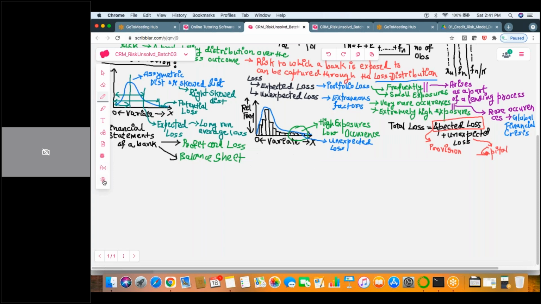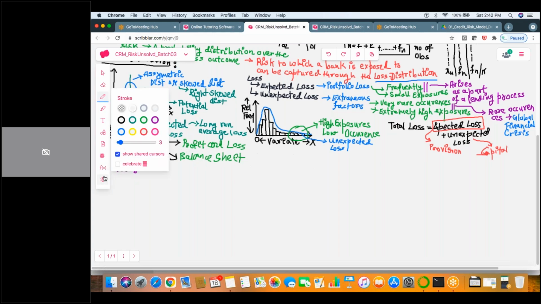So over here, let's start off with the idea of a profit and loss statement. What does the profit and loss statement of a bank actually comprise of?